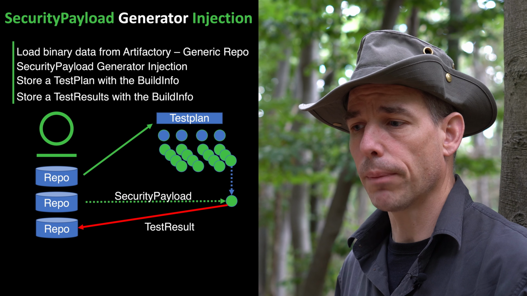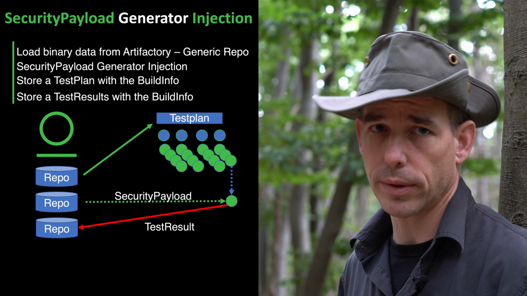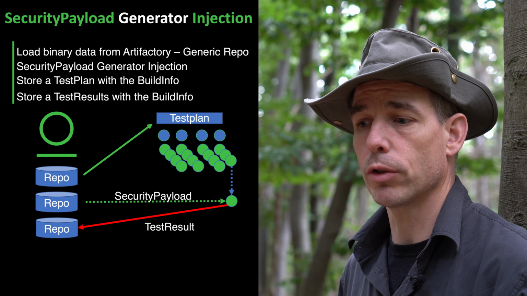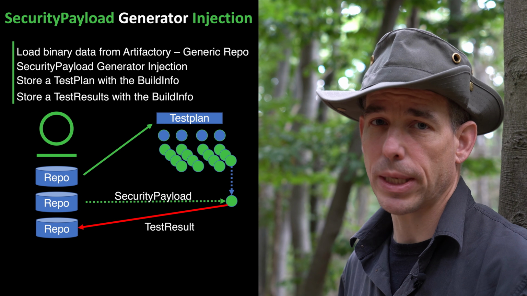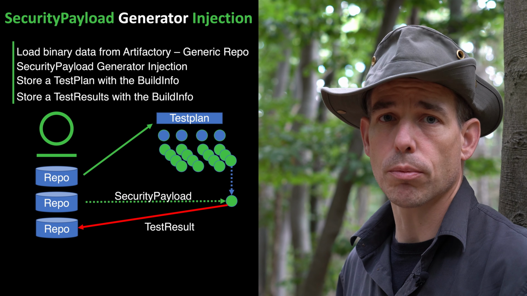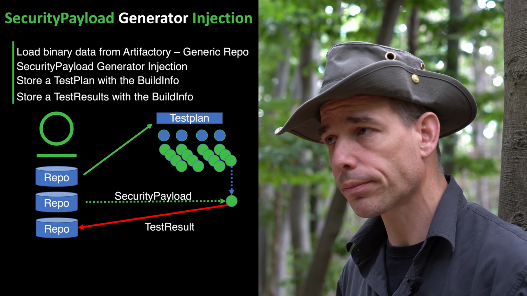You can learn how to build these compromised binaries, and then you should generate them and store them in a generic repository inside your development process and do security payload testing. That means you just try to load these compromised binaries and make sure that nothing goes wrong.